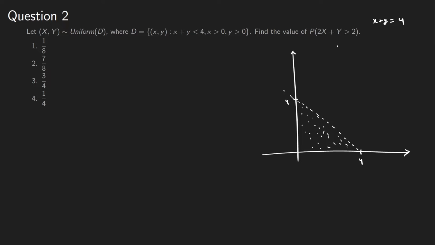So for doing that, let's also imagine what 2x plus y equal to 2 is. When you plot this, when x equals 0, y is equal to 2, and when y equals 0, you will get x equals 1. So x will be somewhere around here. We can do it in another color.